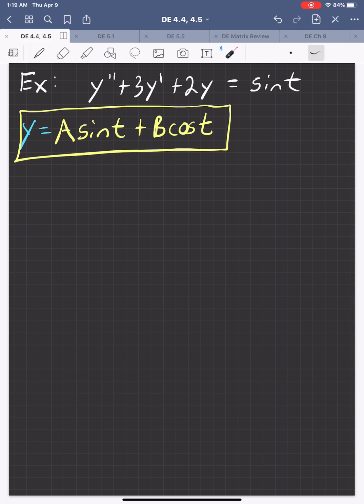All right, well, you know what to do. You've guessed a y. You have a potential y. And to that, we need to try taking y prime and y double prime, because we need to make sure we can get this to work. Let's take the first derivative. The derivative of sine is cosine, so this is going to be a cosine of t.